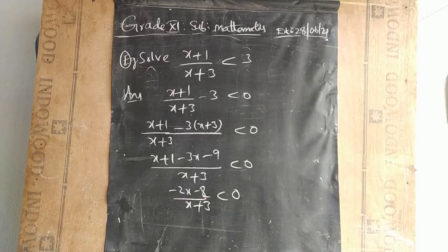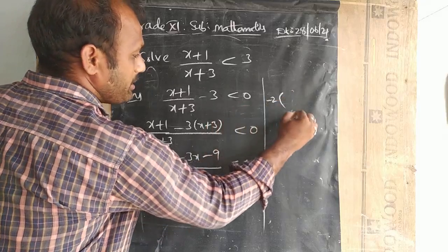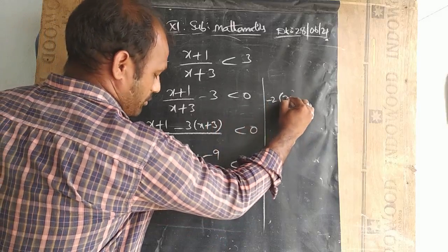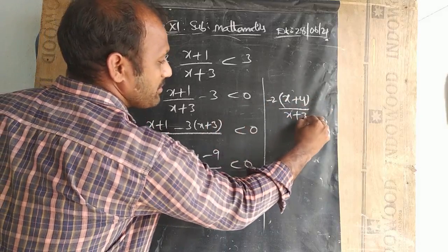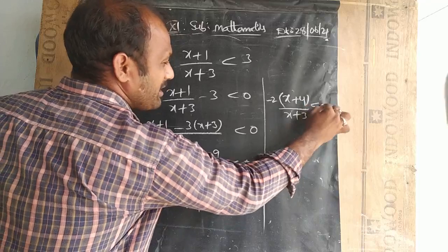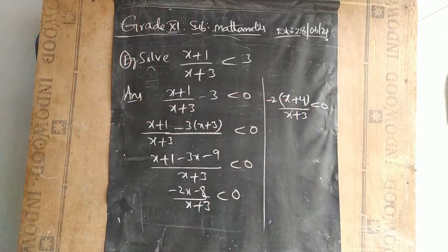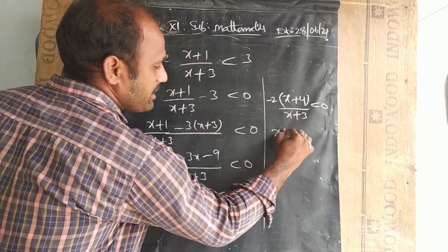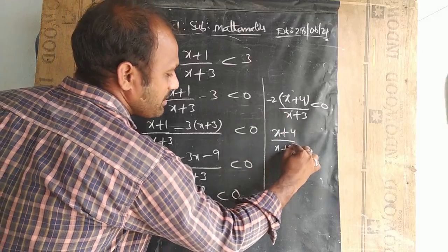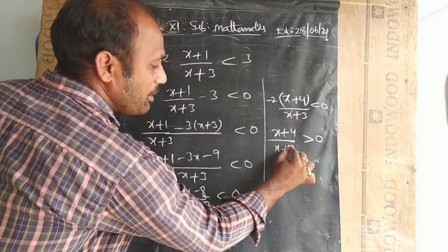Now I can take minus 2 as common, so it will be x plus 4 divided by x plus 3 less than 0. Now I want to cancel this minus 2, so I have to divide by minus 2. So x plus 4 by x plus 3, the inequality will change to greater than 0. Why? Because we are dividing by a negative number.